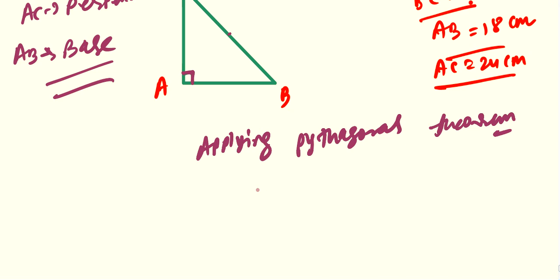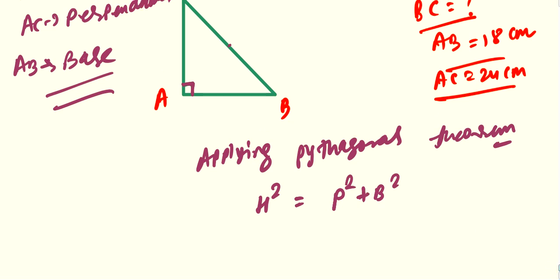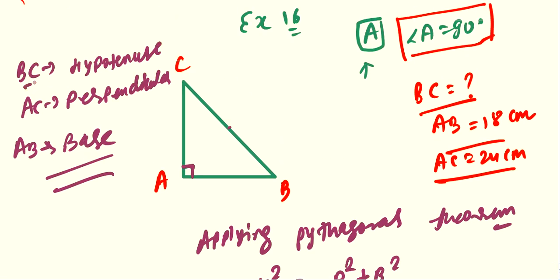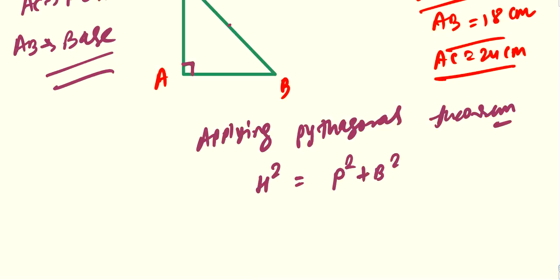So Pythagoras theorem is hypotenuse square equals to perpendicular square plus base square. So now your hypotenuse, your BC is hypotenuse, so you will write as BC square.